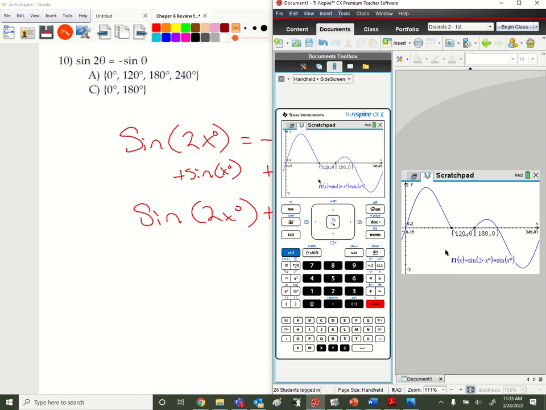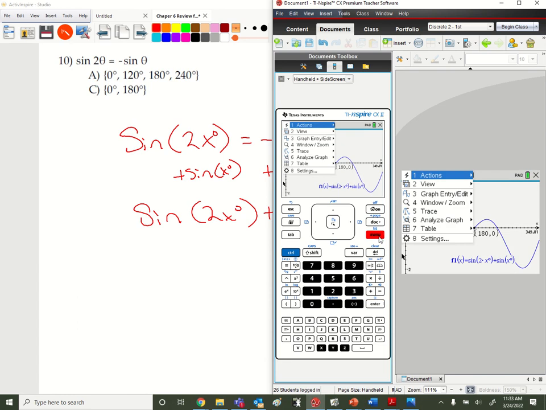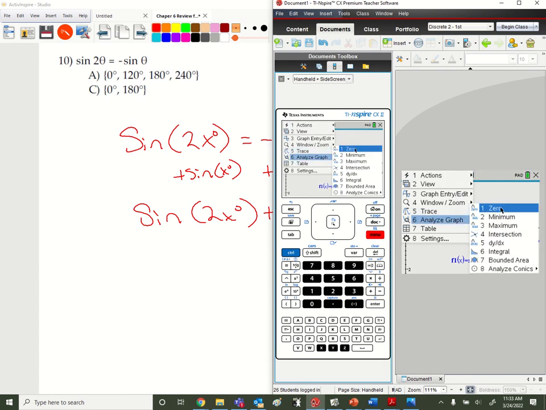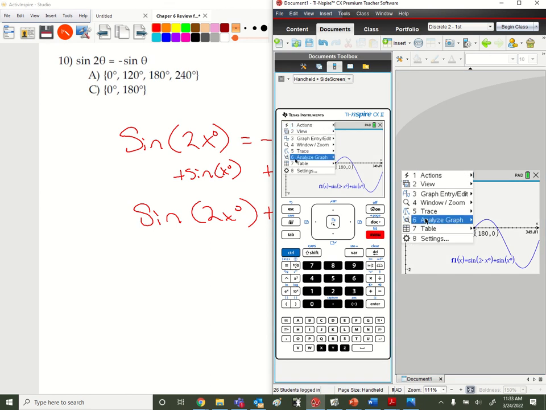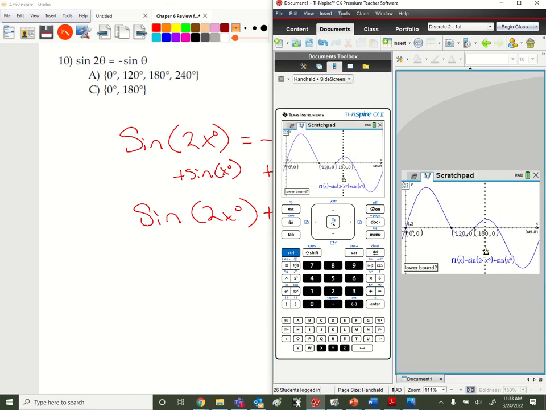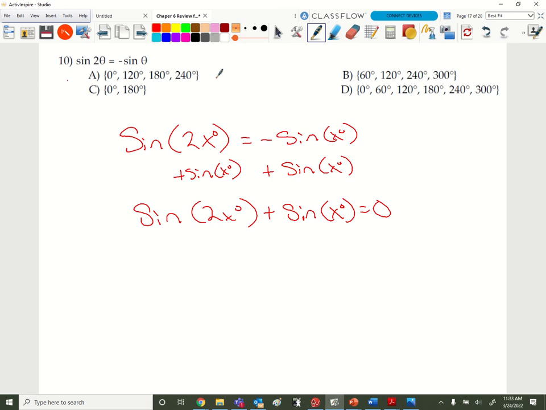So it looks like I should have one here, and another one here. If you notice, my window's already kind of off to the left a little bit because I moved it over. So I can check to see if it is going to be 0. So menu 6 1. Ooh, 0 does work. Menu 6 1. So we got 0, 120, 180, 240. So my answer is A.